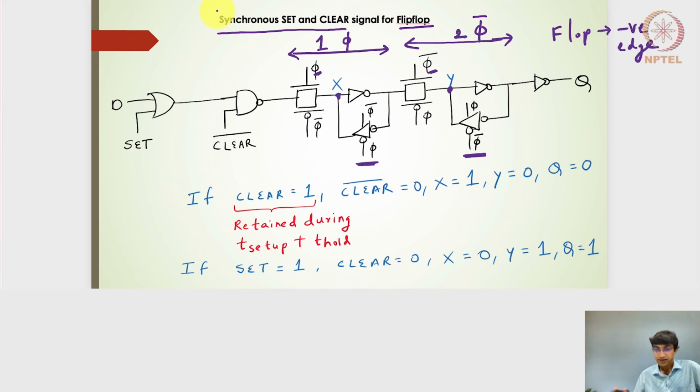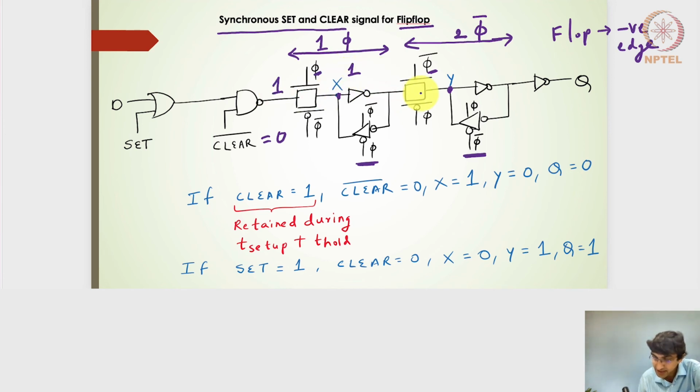If the clear is 1 and the set is disabled, meaning set is made 0, and the clear is pressed, I'll get a clear bar of 0. So irrespective of the D signal here, I will get a 1 here. And if it is a positive level that is running around, I will get a 1 here.